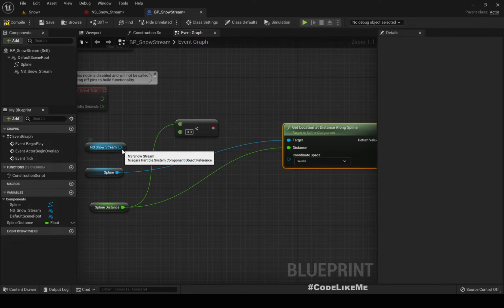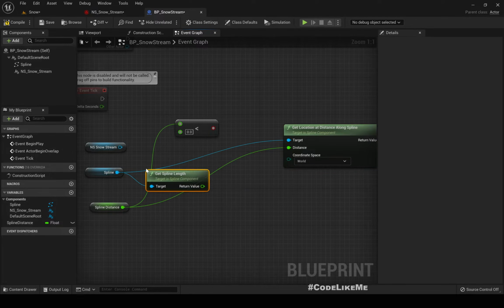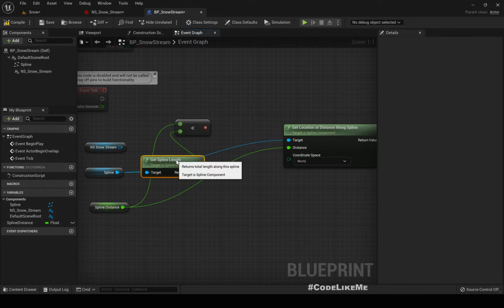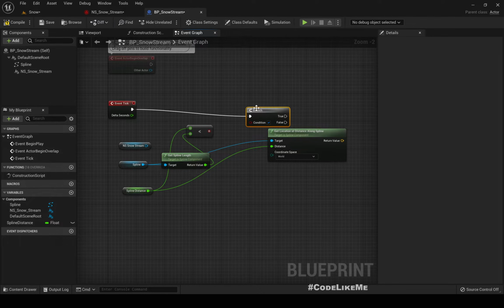If spline distance is less than length of the spline, let's have a branch.